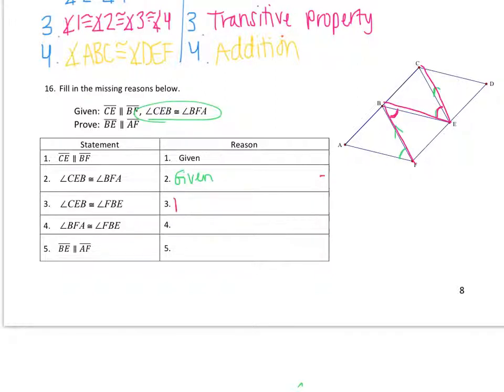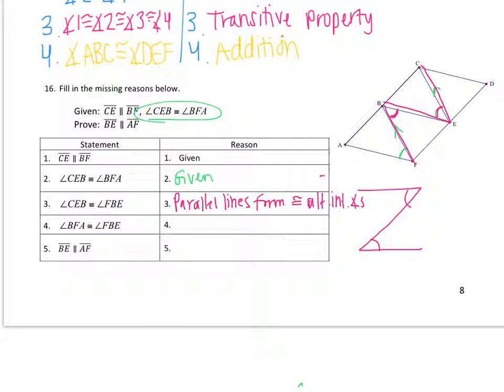So here I'm just going to say parallel lines form congruent, and now we got to think about the type of angles that they are. If we're making a Z, in those crooks of the angles we have alternate interior angles. Form congruent alternate interior angles.